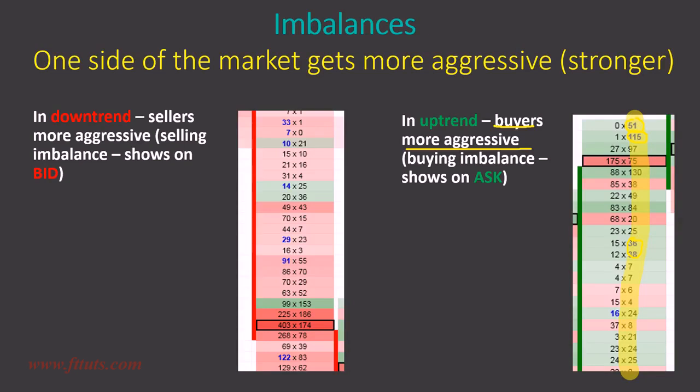So whenever you see those blue numbers on the ask side of the footprint, then you know that at those places there are aggressive buyers. Those buyers are way more aggressive than the sellers, and usually this is a sign that buyers are trying to push the price upwards, or they are trying to get into their positions because they expect the market will go upwards.